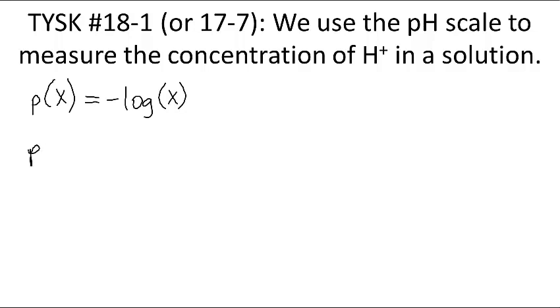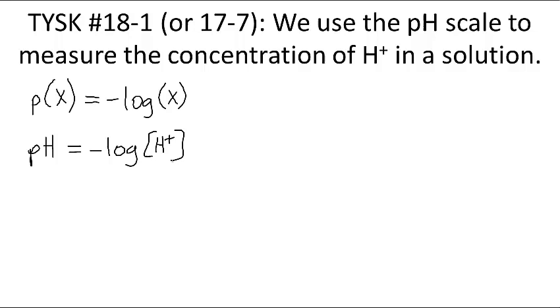So pH is going to equal the negative log of the concentration of H plus in a solution. The P stands for power, so pH stands for power of hydronium, because when you take the log base 10 of something, you get whatever the power is on that number written in scientific notation. So that's where the P comes from.